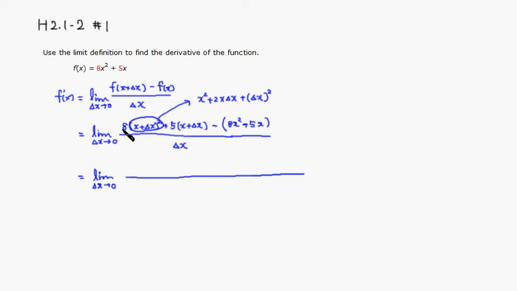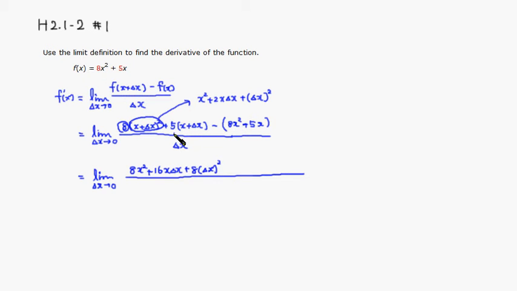So 8 times x squared is 8x squared. 8 times 2x delta x is positive 16x delta x. 8 times delta x squared is plus 8 delta x squared.